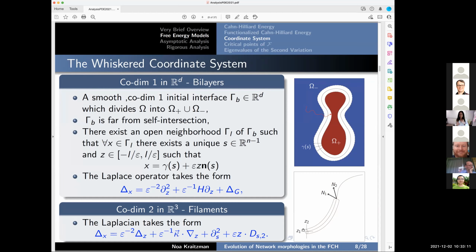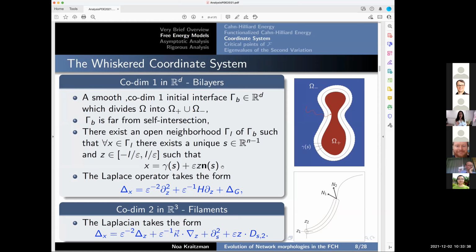And assuming that, we can find an open neighborhood around this interface such that each point X I can define in terms of Z and S. So here gamma of S is the parameterization of gamma, Z is the scaled distance from the interface and N is the outer normal.